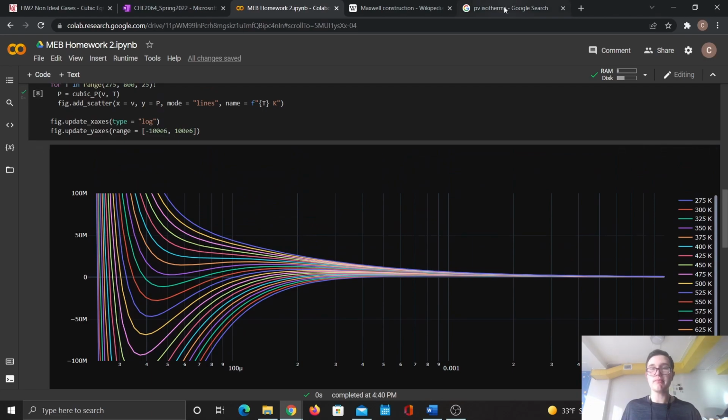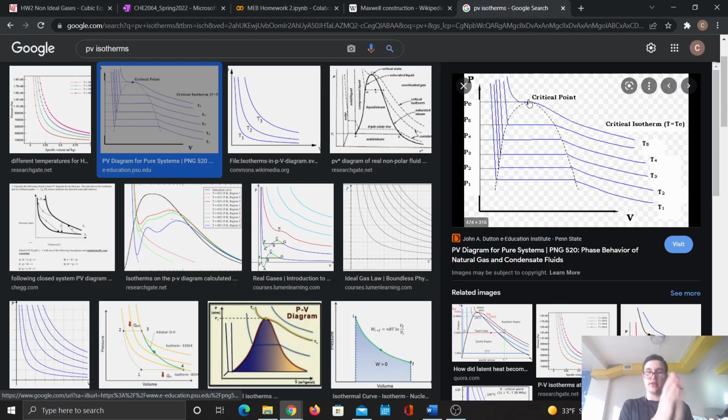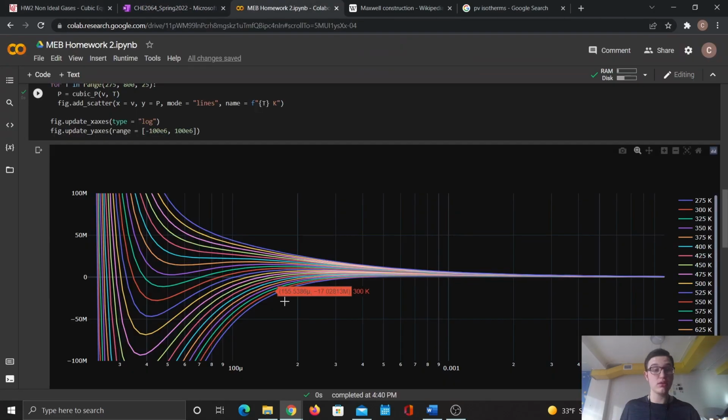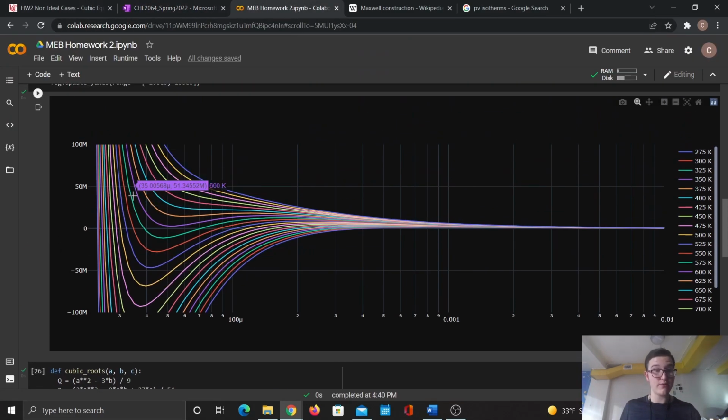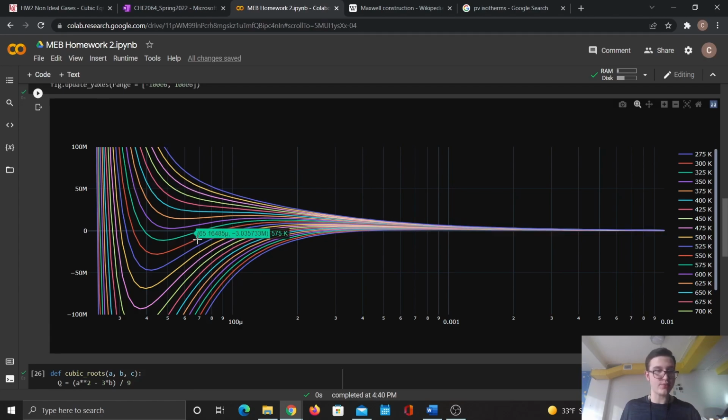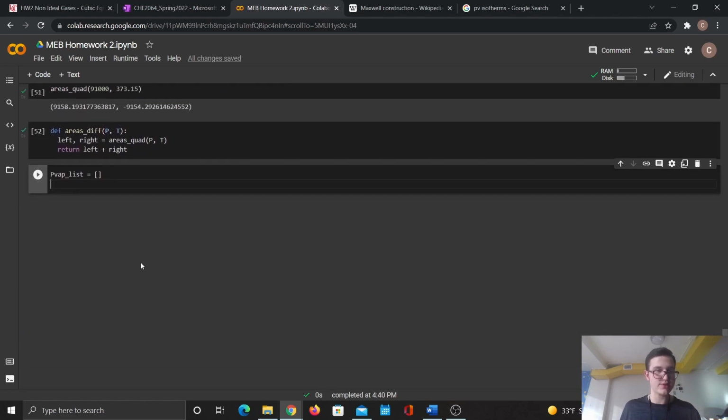However, if you remember, using isotherms, to the left here is liquid. To the right here is gas. This area in here is a mix. Again, this area over here is a liquid, this area over here is a gas. We need two different lists for these.